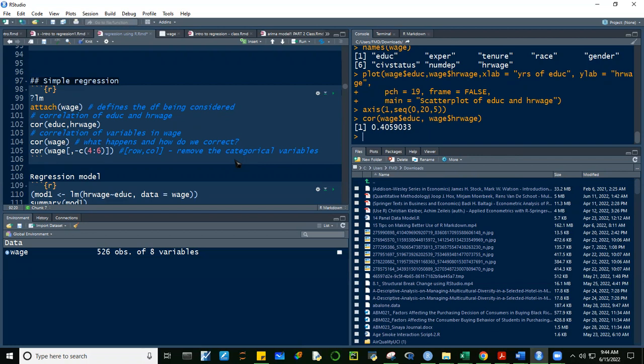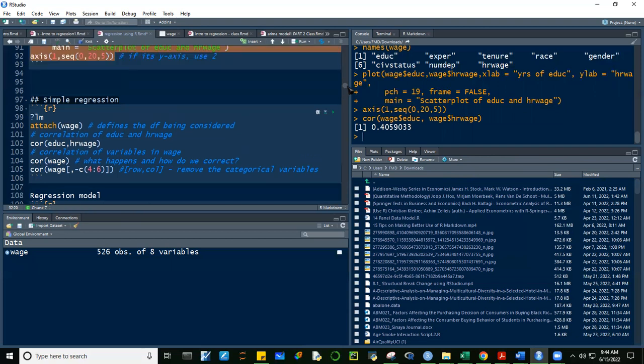We want the independent variable, the explanatory variable, to have a high correlation with your dependent variable. The higher the correlation, the higher the chance that the independent variable will be able to explain your dependent variable.